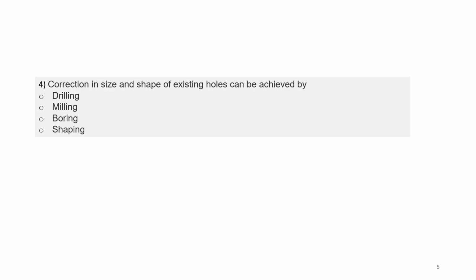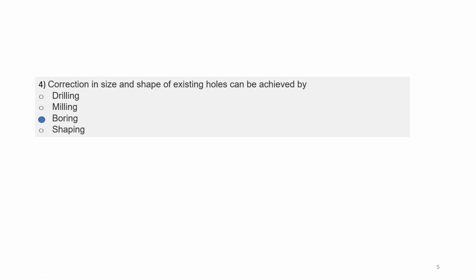Next question is, correction in size and shape of existing holes can be achieved by which process? Your options are drilling, milling, boring and shaping. The answer will be boring.